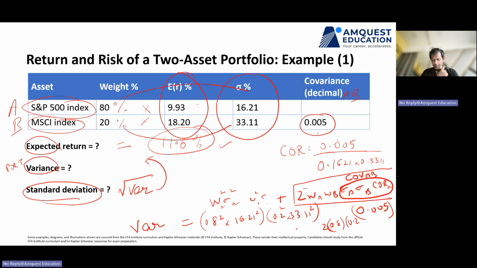What other people? 0.0228. And there's one more thing. While you're looking at my answers, remember, so I just gave it to you, but when I take return, I'll take decimals, when I take percentage also. So here, I should do 0.16 and 0.33, okay? So do 0.8 square into 0.1621 square.